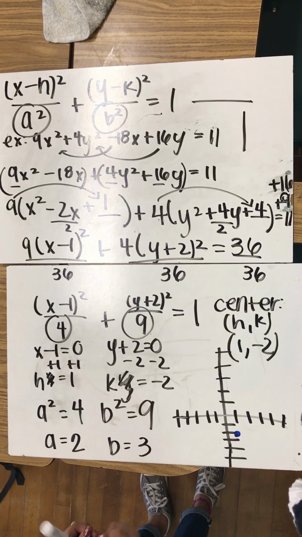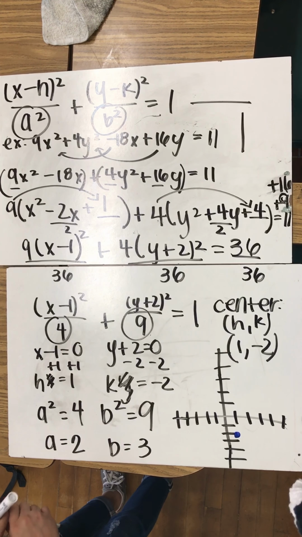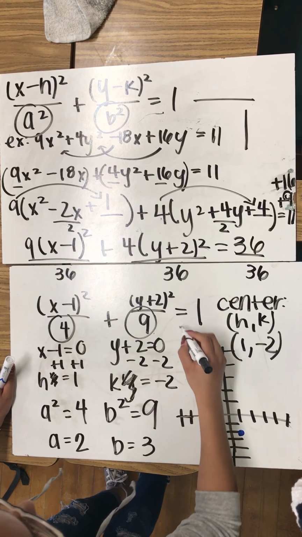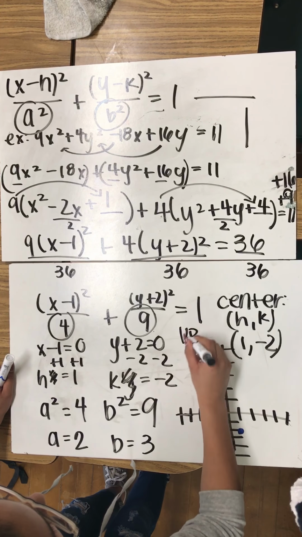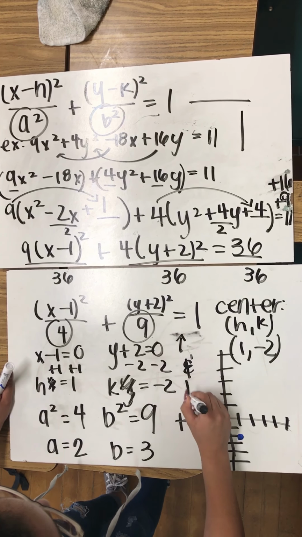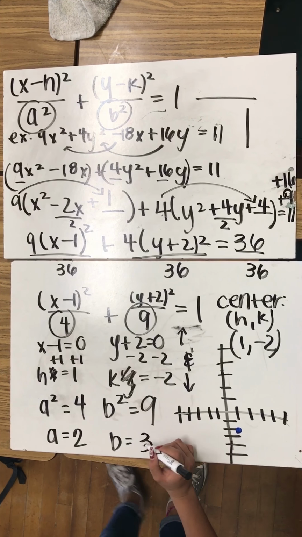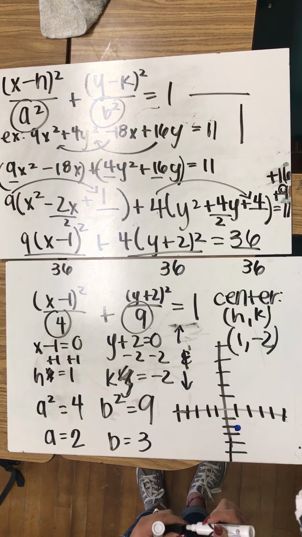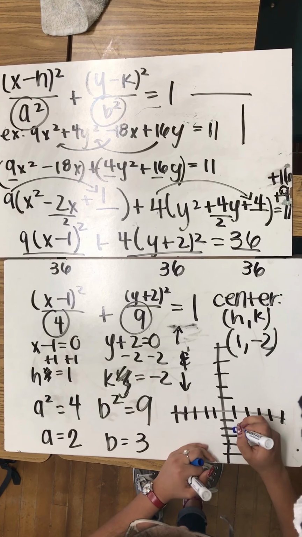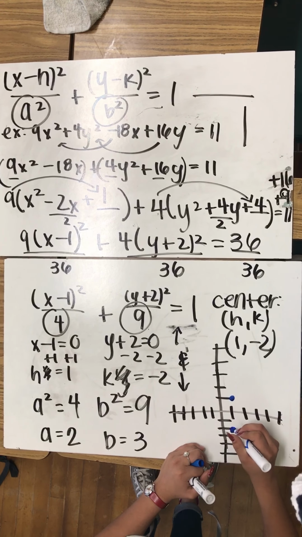And then I also know that the ellipse is going to be up and down, because the y is bigger. So that means that I'm going to go up 3 from the dot. So basically, I'm going to go 1, 2, 3. I'm going to do the same thing going down.